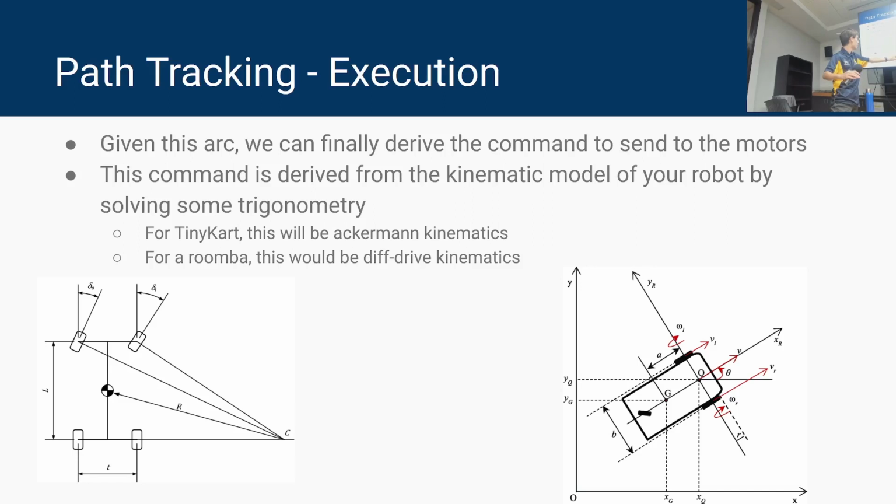Knowing the arc radius, or you can start with your wheels and work backwards, either way, that's forward or reverse kinematics. You can just solve this because it's a circle. It's just trigonometry. Given an arc, what commands do I send to do that arc, or given some commands, what arc will I follow?